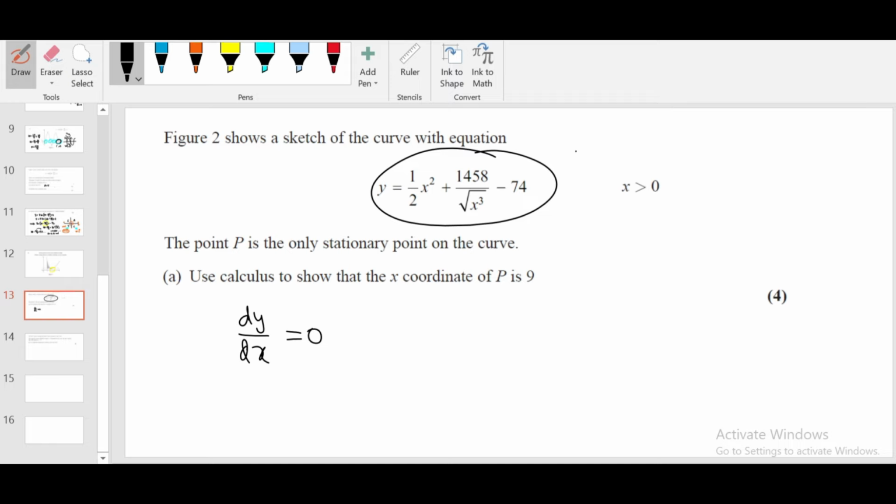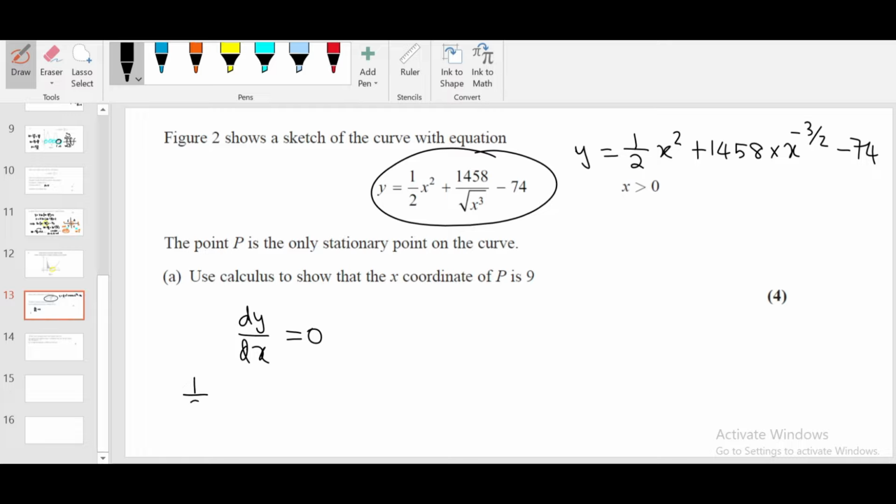So first you can write the function as y is equal to half x squared plus 1458 over the square root of x cubed, which is the same as x power 3 over 2. Put it in the numerator, x power minus 3 over 2, minus 74. Differentiate it.